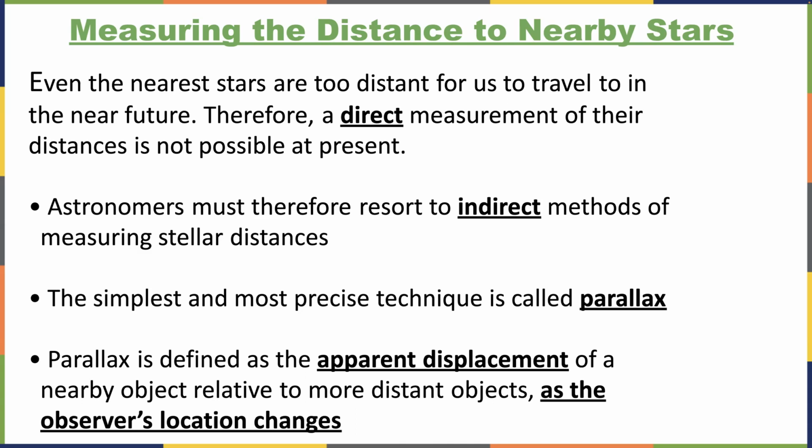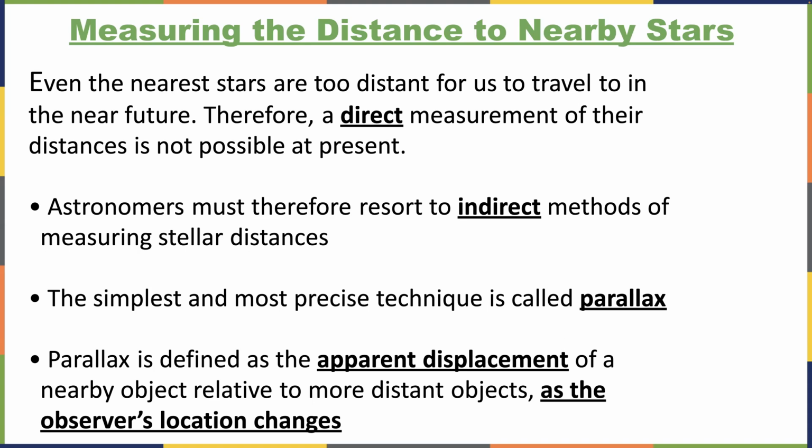One of the simplest and most precise techniques that we use to measure distances is called parallax. I hope most of you may have heard about parallax angles before, and we are using the same technique here. You will see a very important aspect in this method.